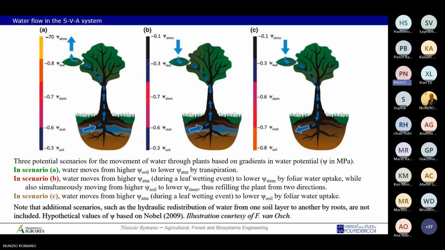From Felipe. Yes, Felipe, you are right, but there could be something that prevents this phenomenon. In scenario C, water enters from the atmosphere, goes into the leaf, then into the tree, and then reaches the root.